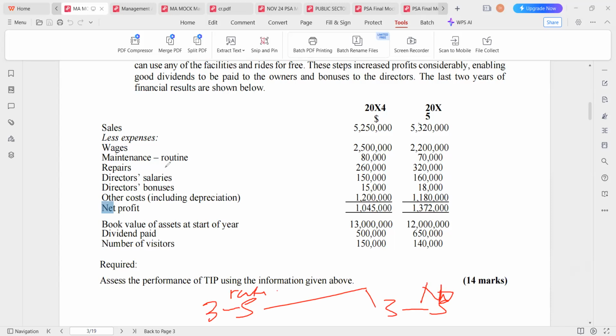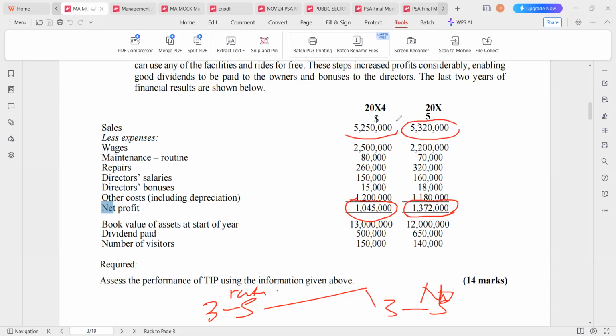First financial ratio you can calculate is the net profit margin. So you pick the net profit, then you divide it by the sales revenue.